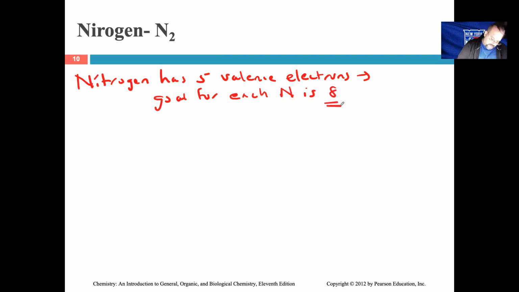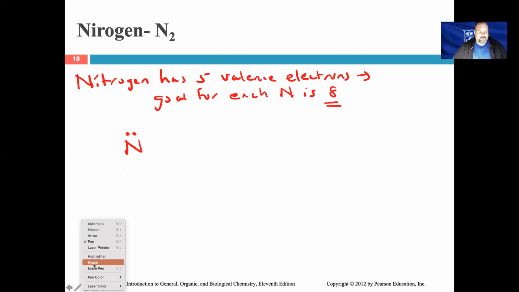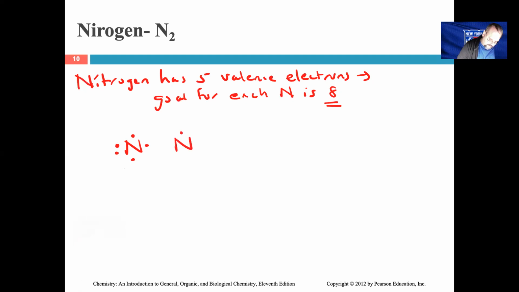So let's see how that sets up. Actually, let me just draw it a little bit differently. So there's one nitrogen. Here's the other.